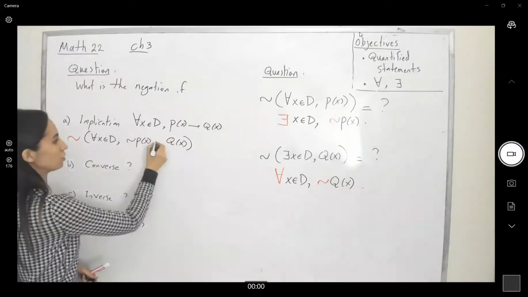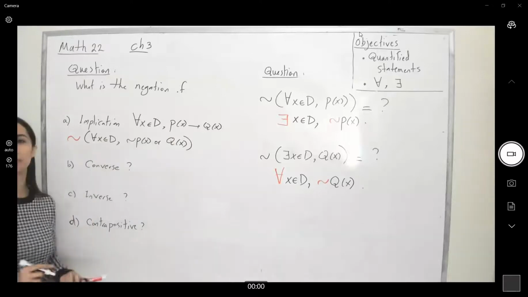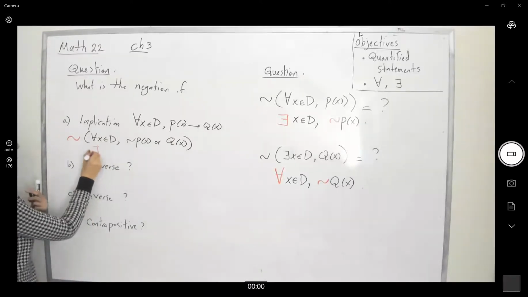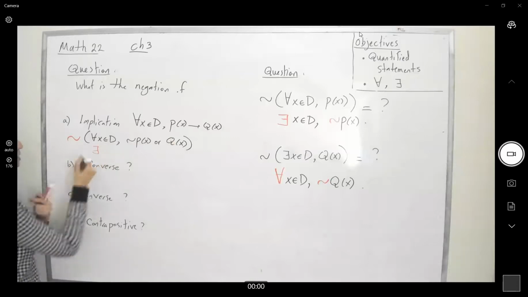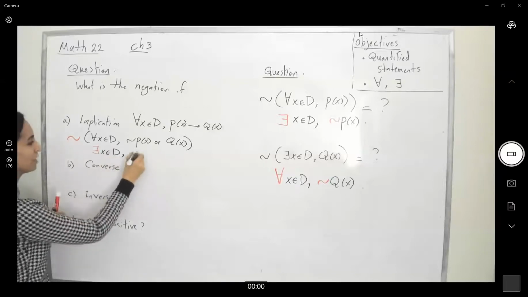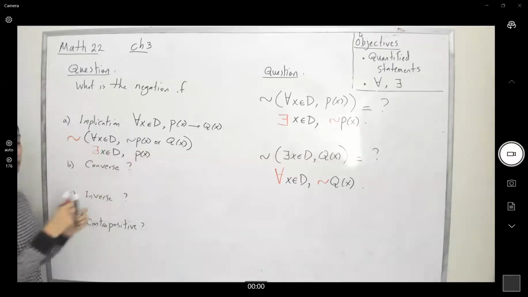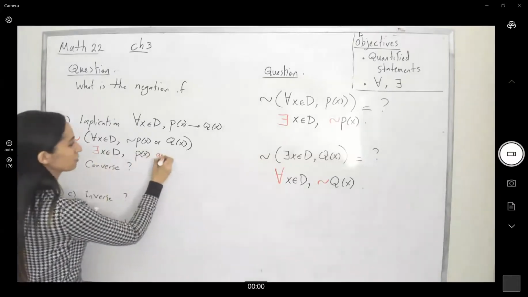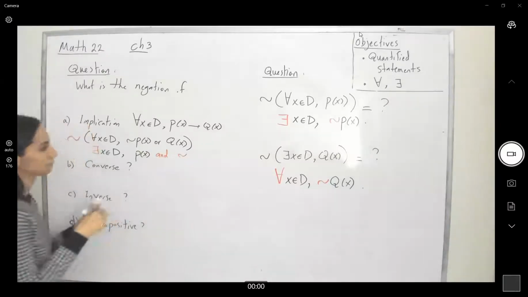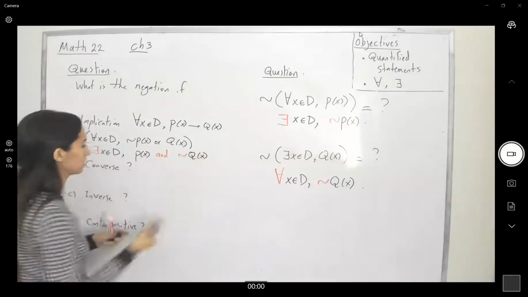So we're going to use De Morgan's law. When we distribute the negation, we get there is x in D such that Px, and the negation of or is and, not the second predicate Qx.